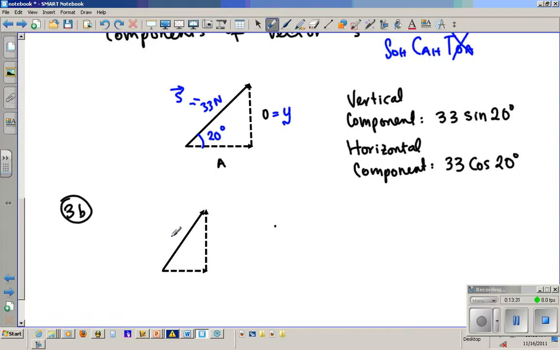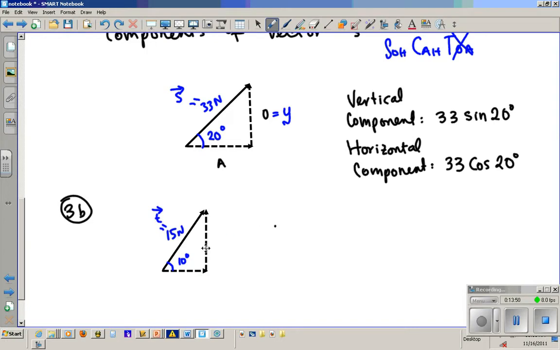If this were 15 newtons, and this angle were 10 degrees, let's call this vector t. All right, what would the vertical and horizontal components be?